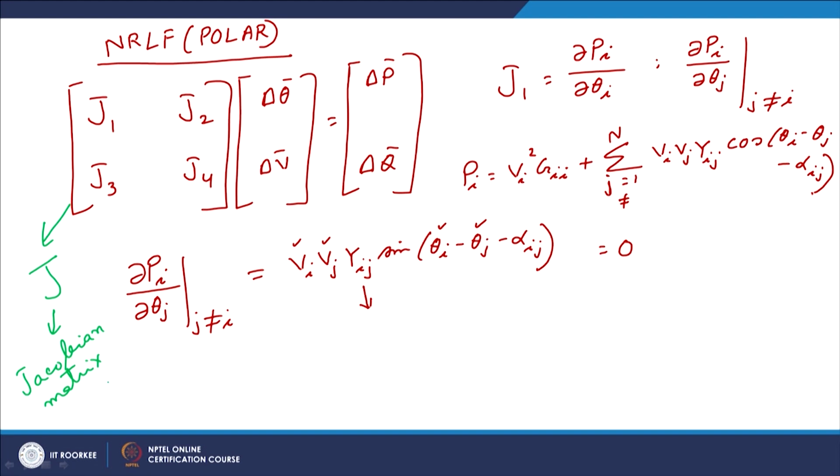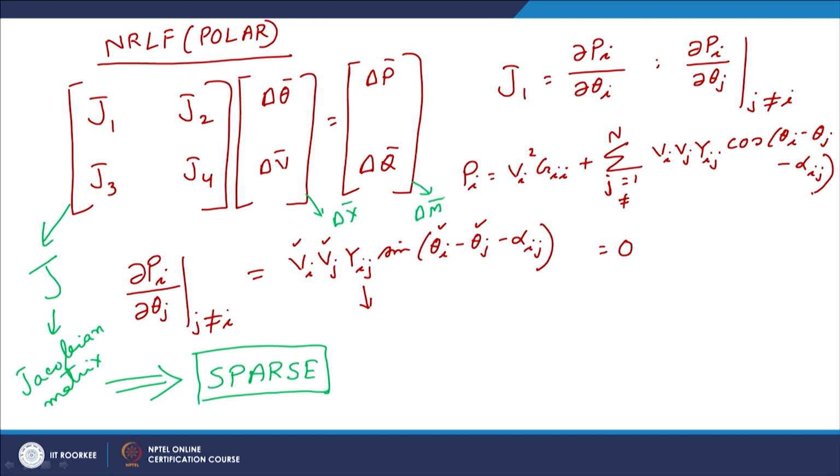Or in other words, this Jacobian matrix will also be a sparse matrix. This set of equations, we know, has this Jacobian, this delta x vector and this delta m vector. So, this entire equation broadly can be written as J into delta x equal to delta m vector.